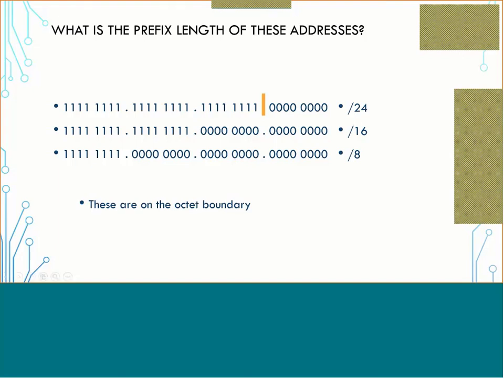A /24 is on an octet boundary because it divides right between the octet of 3 and 4, right? The /16 is an octet boundary between octet 2 and 3. And then I've got an octet boundary between 1 and 2.